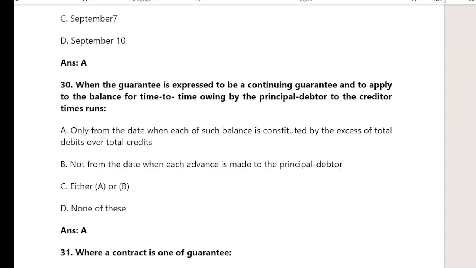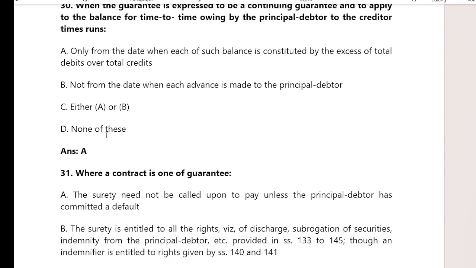Option A is only from the date when each such balance is constituted by the excess of the total debts over total credit, and B is not from the date when each advance is made to the principal debtor, and C is either A and B, and option D is none of these. Then the right answer is option A.